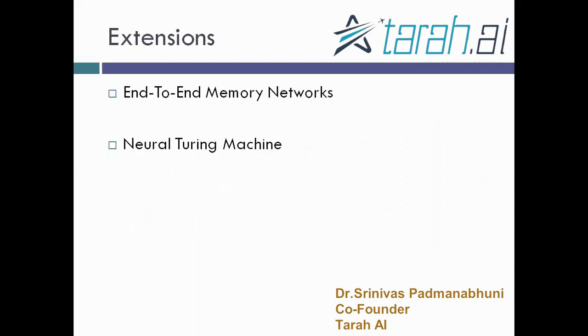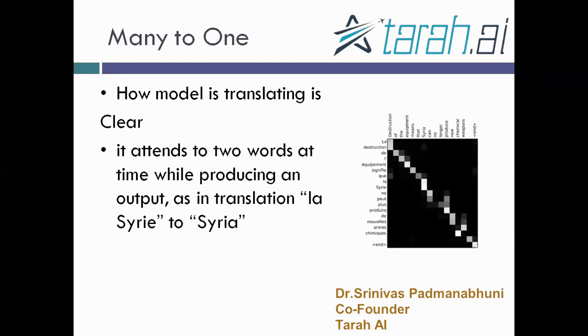There are several extensions to these recurrent neural network models, like end-to-end memory networks and neural Turing machines, but these are beyond the scope because these are all quite in the lab. As we speak, we are still not seeing much practical upside yet. But attention models have definitely caught the attention of the community and are giving rise to a huge number of applications.